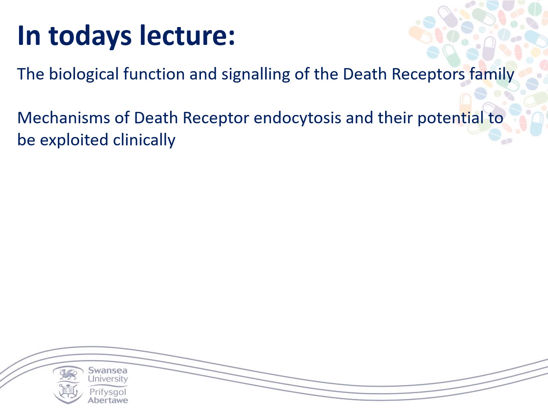And with that, that brings me to the end of today's lecture on the death receptors and their signaling and trafficking in cells. So today we've looked at the biological function and signaling of the death receptor family, still arguably the coolest named family of proteins. And we've also looked at the experimental evidence and published literature surrounding the mechanisms of death receptor endocytosis and their potential for exploitation clinically.